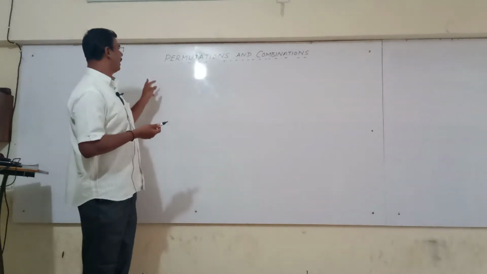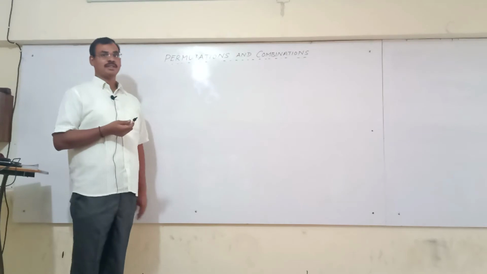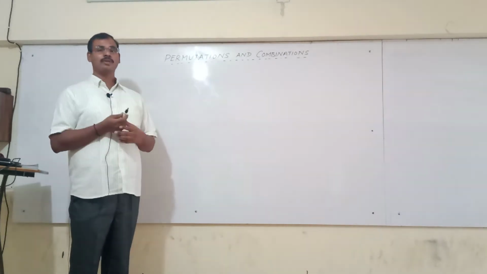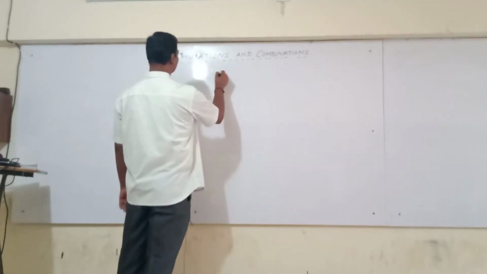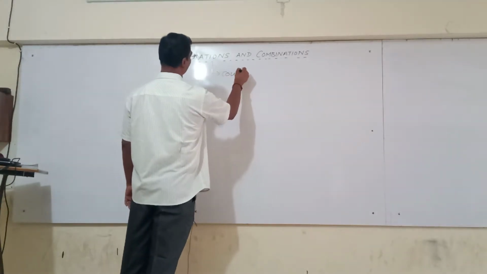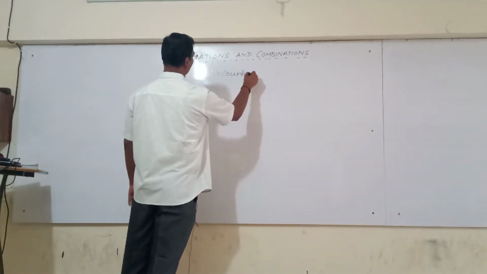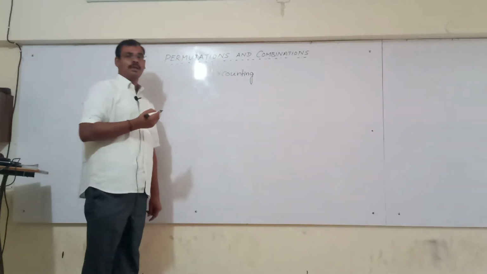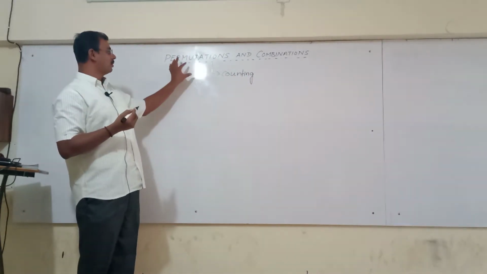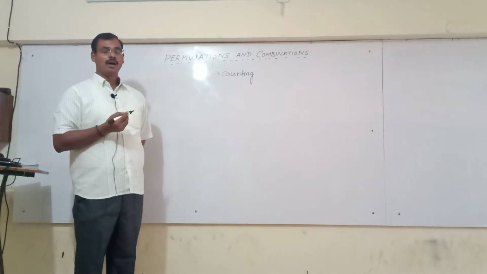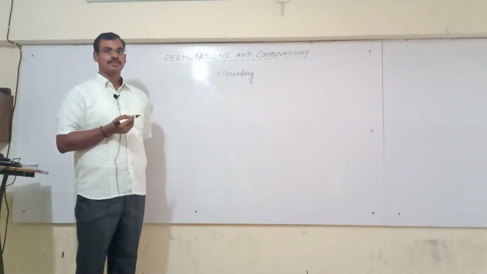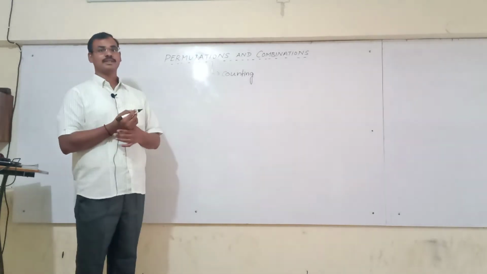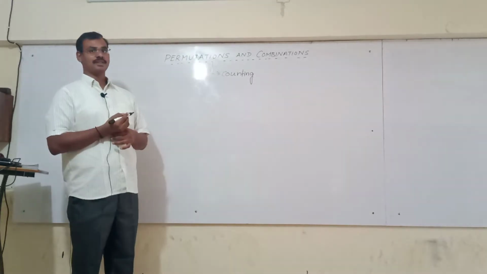Okay. So entire permutations and combinations is only about counting. How fast can you count the different possibilities that exist?